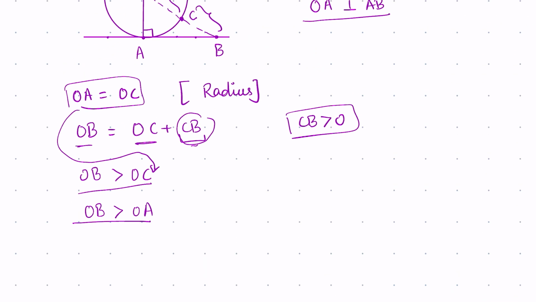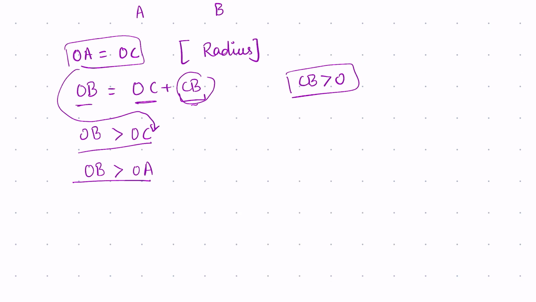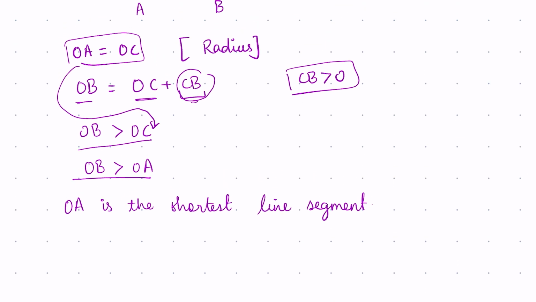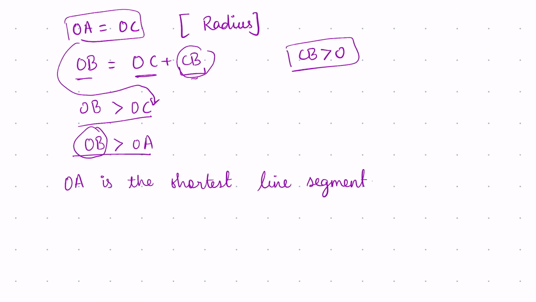If you look at all the lines, say some line which joins any point on the tangent AB, then OA is the shortest line segment. Why? Because, like I said, for any random point B on the tangent, OB is greater than OA. So OA is clearly the shortest line.